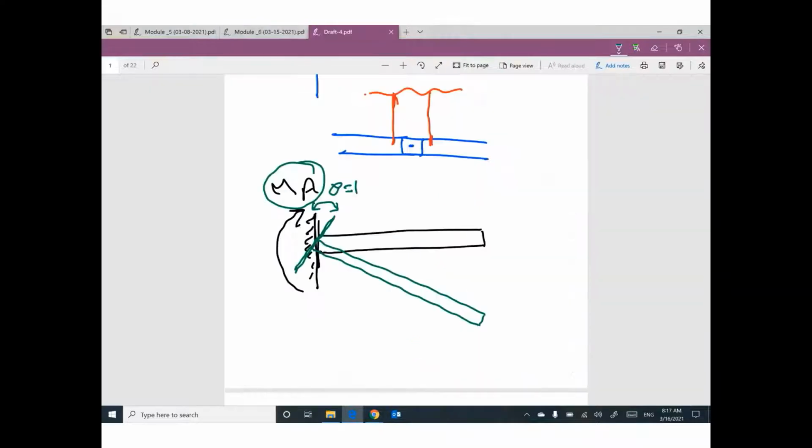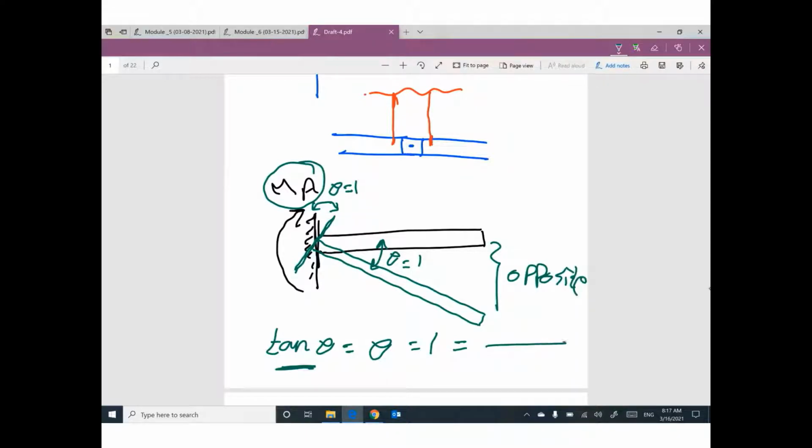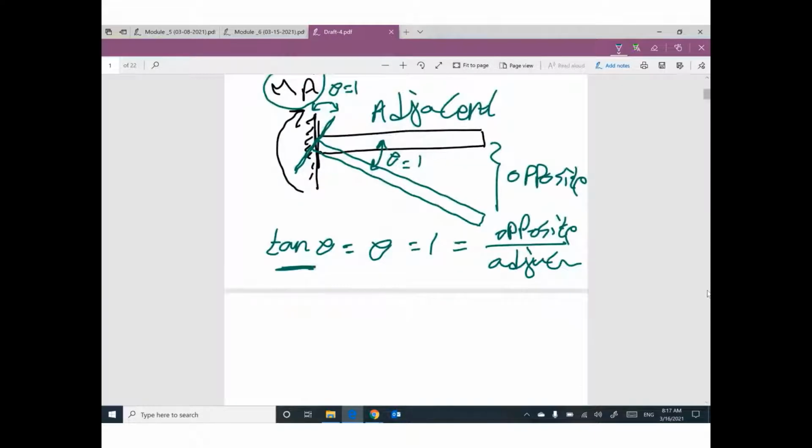Just to give you a hint, this angle theta equal 1 equals this angle theta equal 1. Tan theta equals 1. Because theta is very small, I can assume tan theta equals theta. So tan theta equals the opposite divided by adjacent.